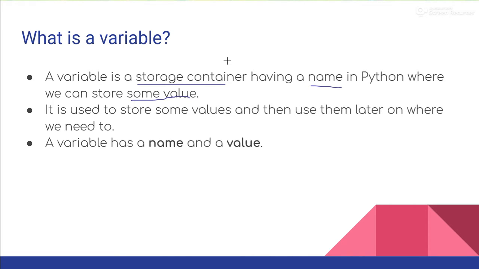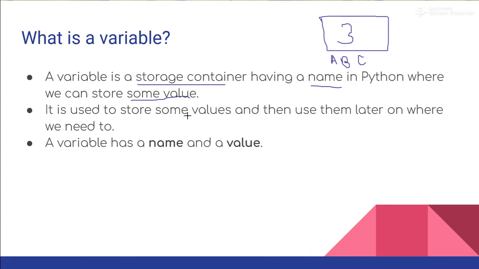So a variable is basically a storage, let's say a kind of box, and it has a name. So let's say its name is ABC. ABC is the name, let's say, of this box where we can store some value. So let's say we are going to store the value 3.